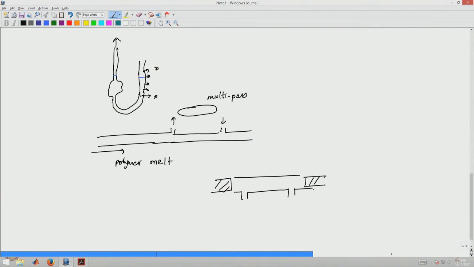It is possible to have multiple pistons, and this piston can move up and down, so the fluid can come in, fluid can go out. The polymer melt can flow, and then you can measure pressure at multiple points, and therefore you can get an idea about what is happening, what the melt flow is.